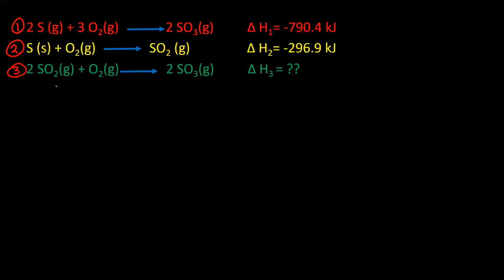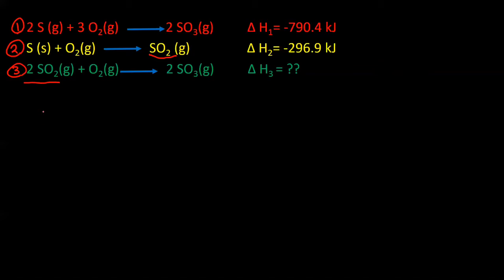I look at reaction number 3 and I see I have 2 SO2 in my reactants. I look at reaction number 1 and 2 to find SO2. I see I have SO2 in the product of reaction number 2. But here I have only 1 SO2, but in reaction number 3, I need 2 SO2.